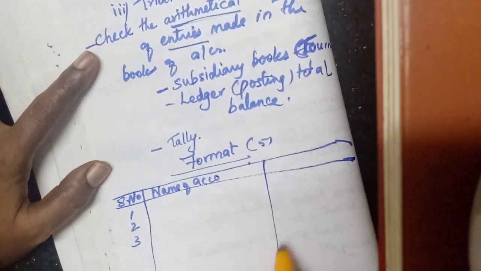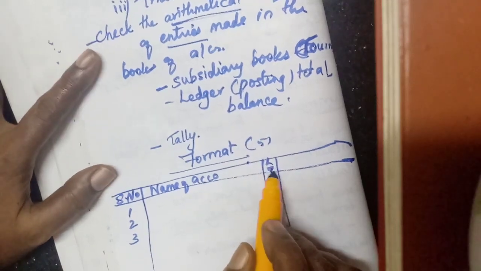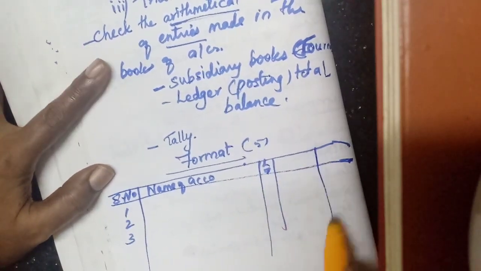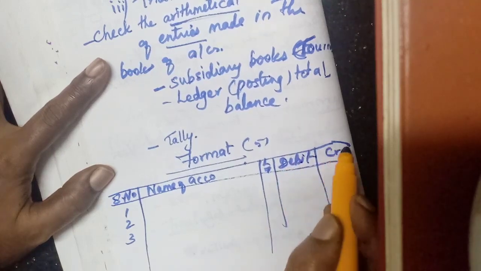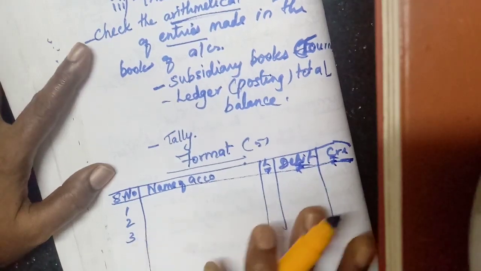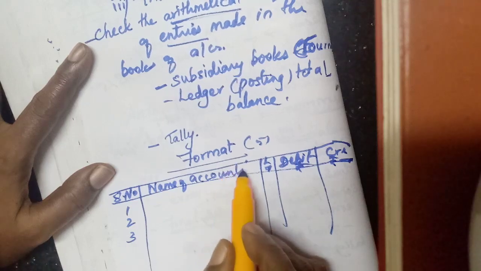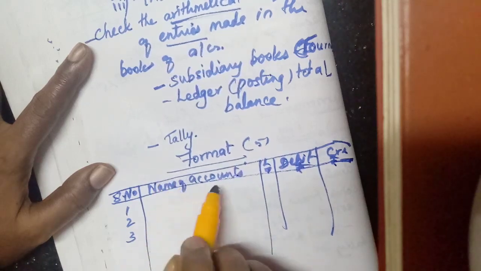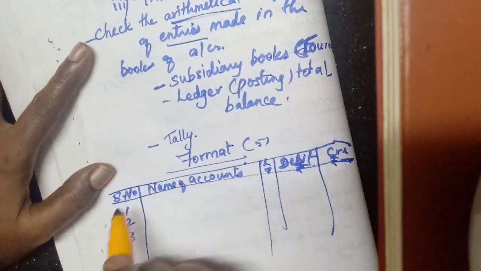Then LF, ledger folio, that is the page number of the ledger account. Then 2 columns, debit and credit, with rupees. Same as the journal entry, but here we can write the name of the account, or you can write the particulars also. No problem. 5 columns.